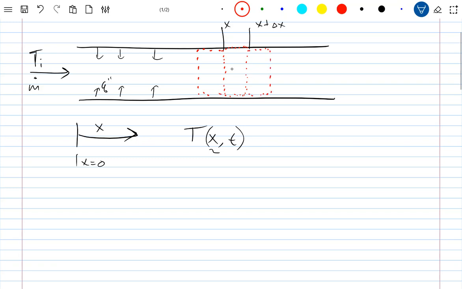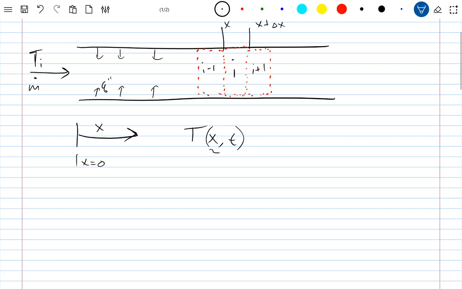We're doing an energy balance on this node. Let's call this node I. That would make this node I minus 1 and this node I plus 1. We're going to characterize the amount of energy in node I, but we'll see that that's going to depend especially on node I minus 1, because that flow from node I minus 1 at that particular temperature is going to ultimately flow into node I.